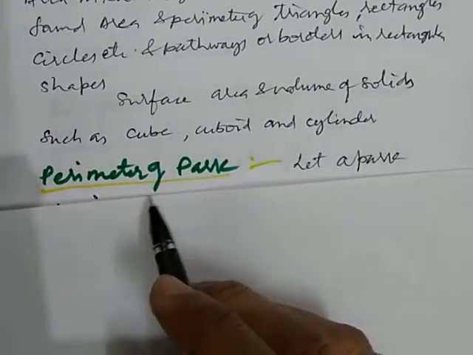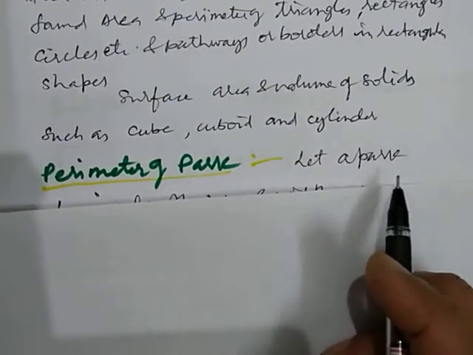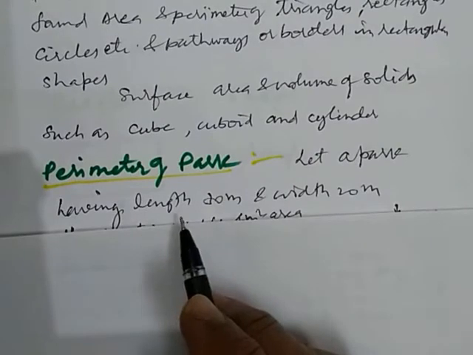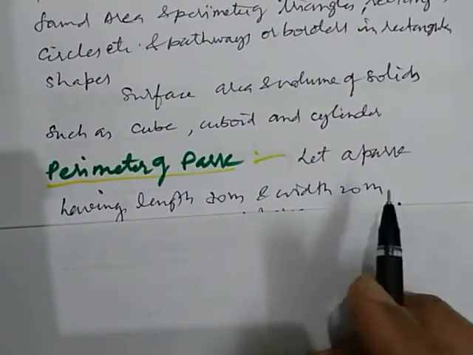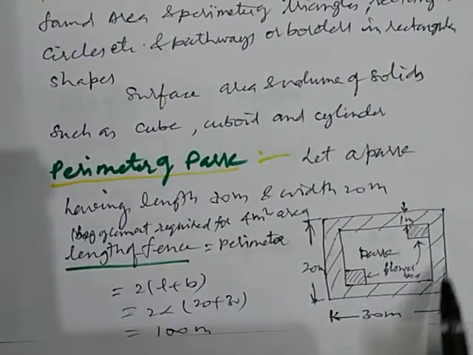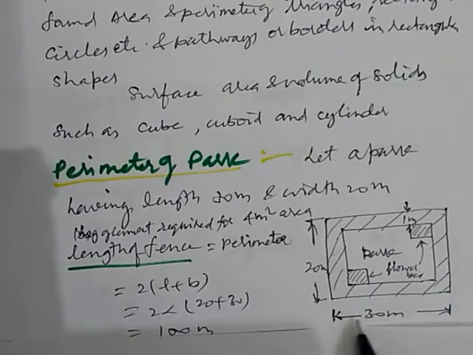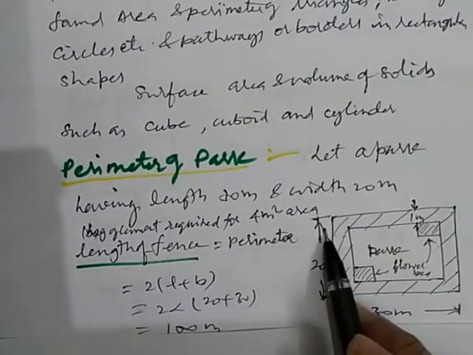Now, perimeter of a park. Let a park have length 30 meter and width 20 meter. Okay? Like this, this is a park. Length of this is 30 meter and width is 20 meter.